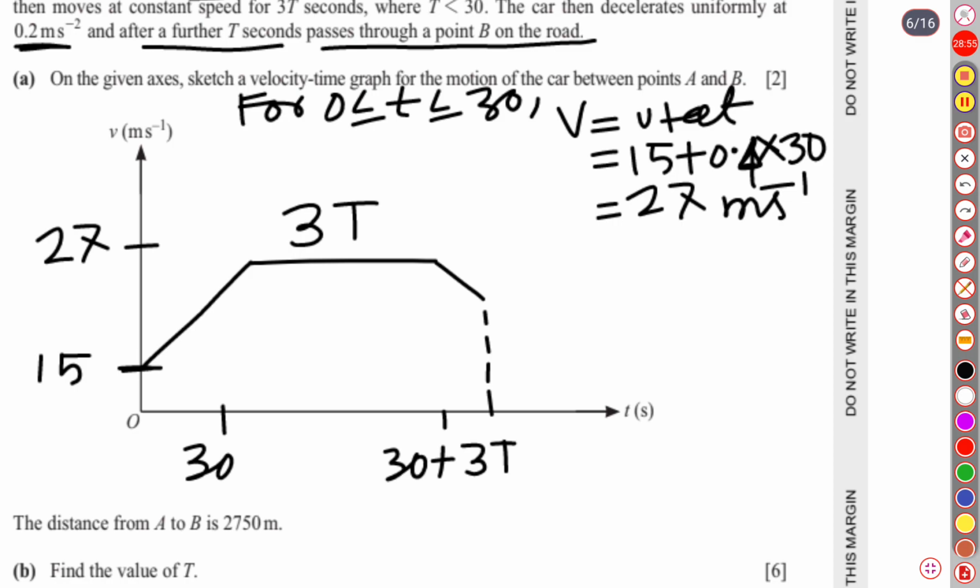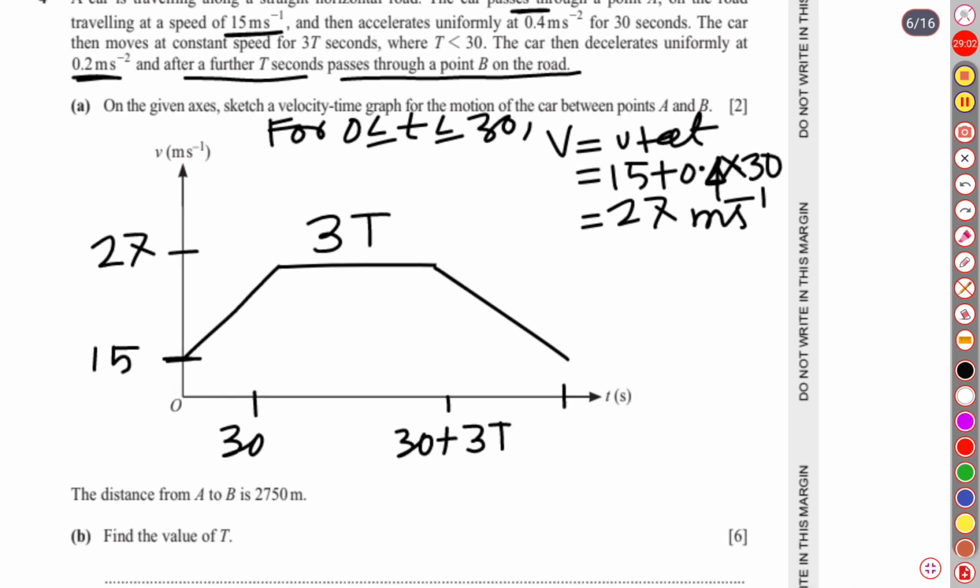Then the final point, let me redraw this. Finally, it is written that after a further t seconds it passes through a point B. That means if at this stage it is 30 plus 3t, one more t is over here. That means this portion is t, so it is going to be 30 plus 4t.